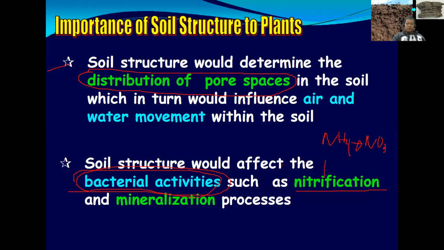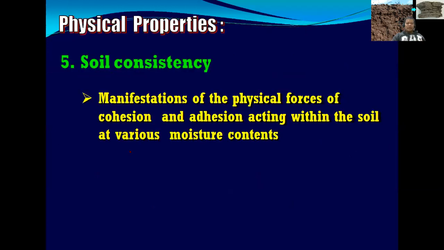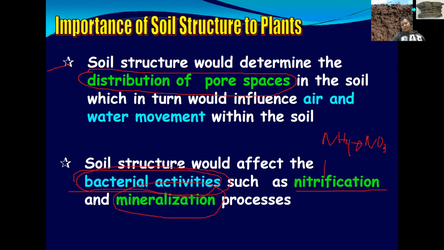Soil structure would also affect bacterial activities such as mineralization. Mineralization means that when we have nutrients that are not available to plants, we have to mineralize them so that they dissolve into cations and ions that will be absorbed by the plant. So this is the importance of soil structure.